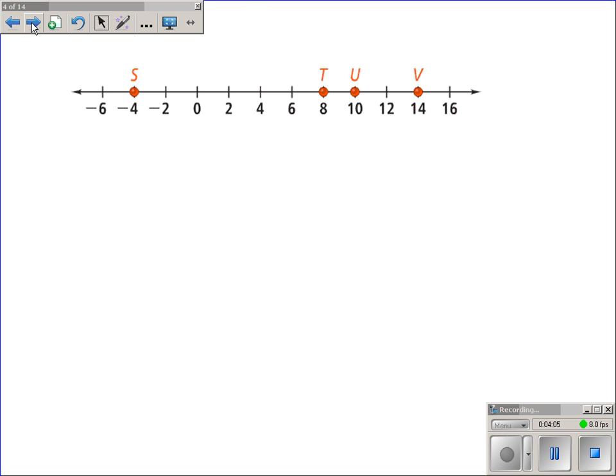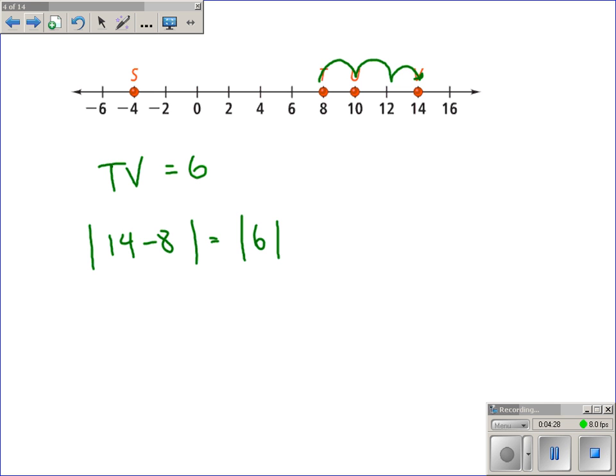Let's just try one more, make sure you got it. Let's find the length of TV. I'll do the picture: 2, 4, 6. Or if you use the absolute value, I'll do 14 minus 8, and I get the absolute value of 6, which is 6.